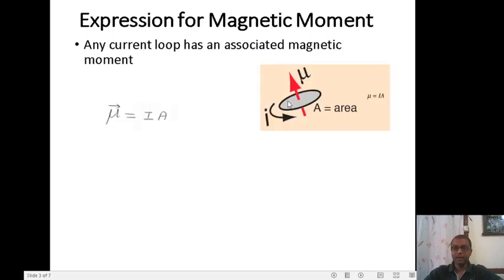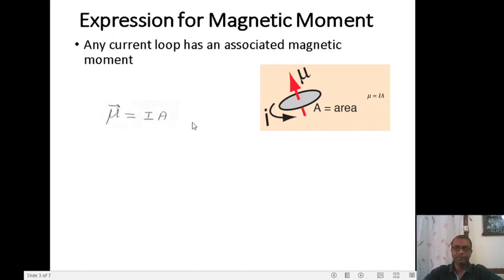If I have a current loop of area A, suppose the radius is R, and the current flowing through the loop is I, then the magnetic moment associated with this current loop is given by mu is equal to IA. This is a vector quantity.